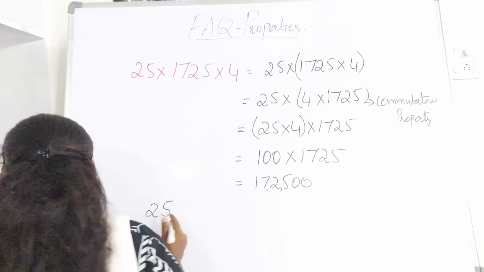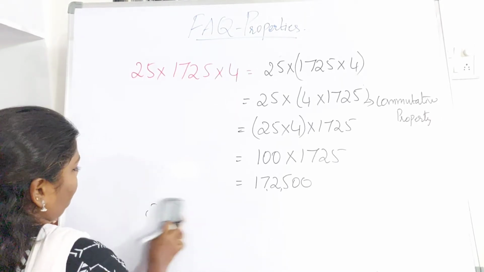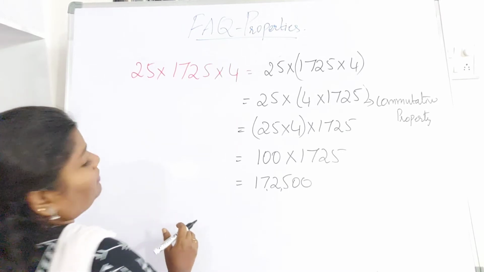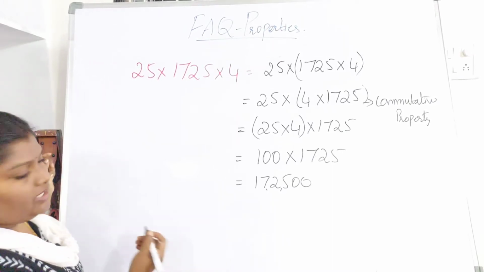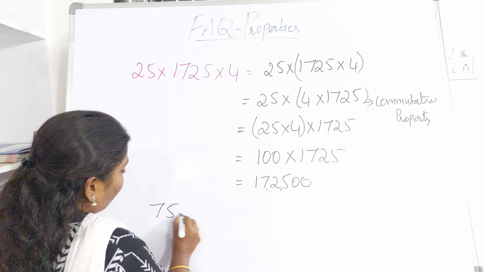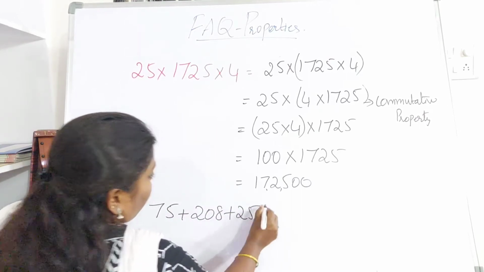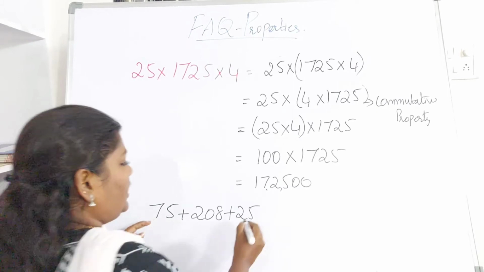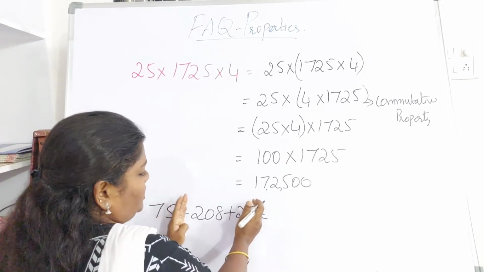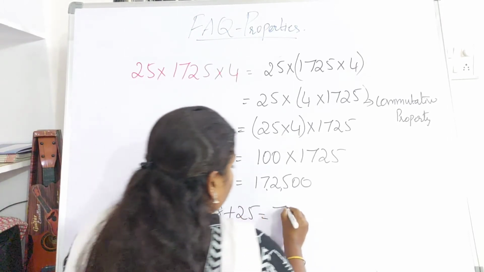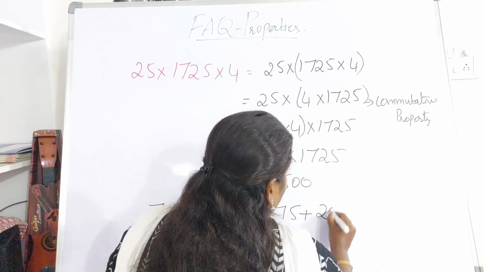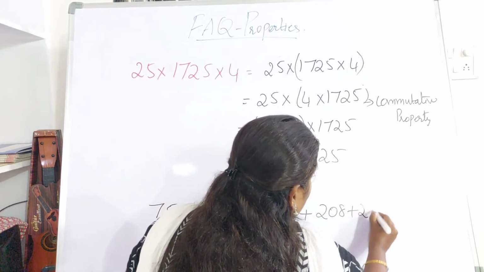Now this commutative property, let me take by using addition. Let me take an example of an addition, that is 75 plus 208 plus 25. Same process we can follow. First I am going to consider these two. So 75 plus 208 plus 25.